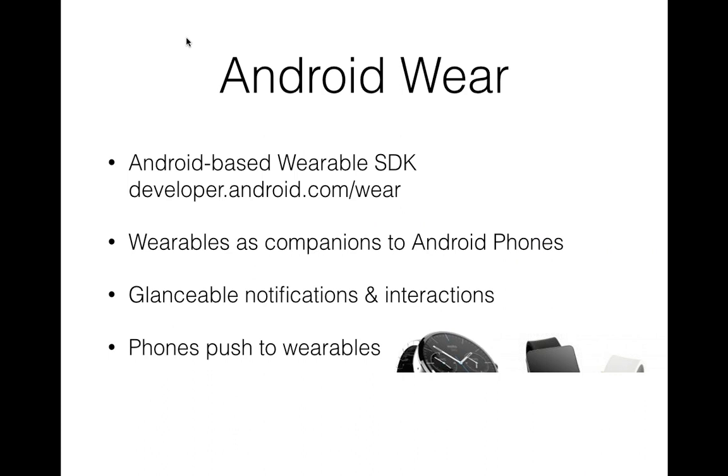Could you just tell us, so you said there's multiple notifications and interactions. What's the scope of things that you can do? So the question was, what's the scope of things you can do in the UI? From my experience with the SDK, you have very little freedom over what you can actually do in the display and in the interactions. There's a very set number of ways that you can display data and ways that you can interact with data.